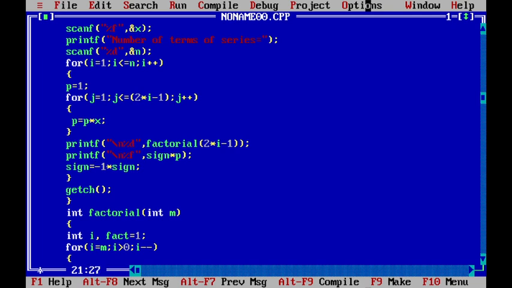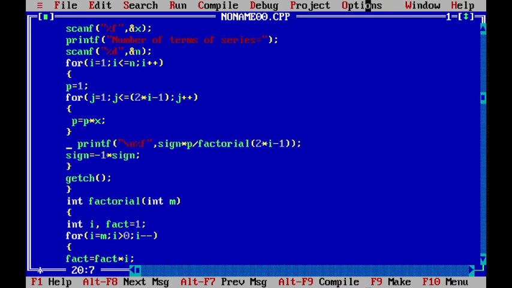So here you can see, if we divide it by this term, if we divide by say factorial 2i minus 1, then sine p factorial 2i minus 1.